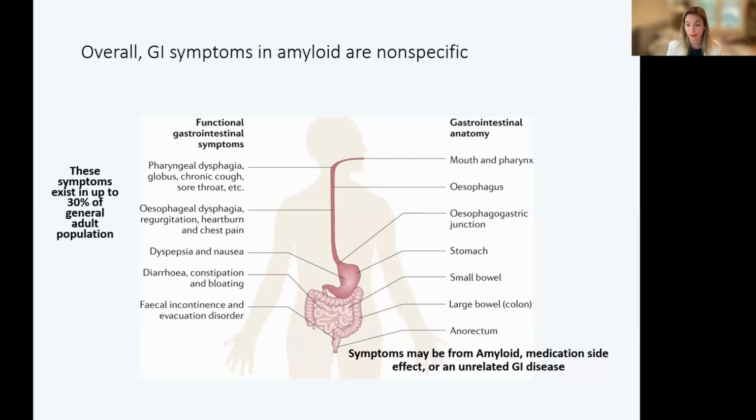Moving down to the stomach, symptoms may include things like dyspepsia, abdominal pain or discomfort, nausea. When we talk about our small bowel and large bowel, we're thinking more about things like bloating, diarrhea, and constipation. And rectal nervous system involvement may involve fecal incontinence or evacuation disorders.